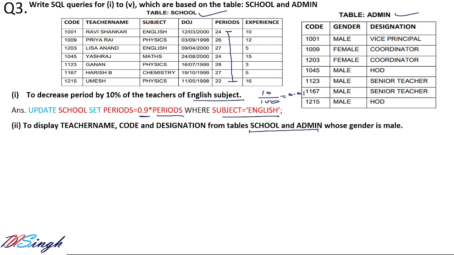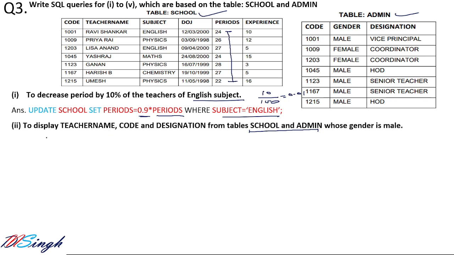Teacher name, code and designation from the tables school and admin whose gender is male. So one of the conditions is where gender equal to male, and the next condition is where school.code equal to admin.code, that is called the join condition, and they both must be true.